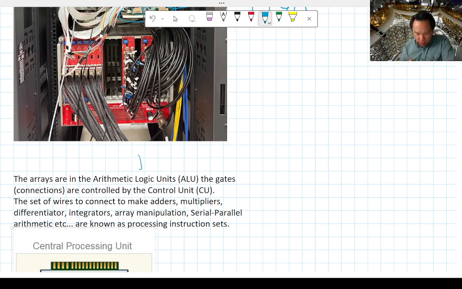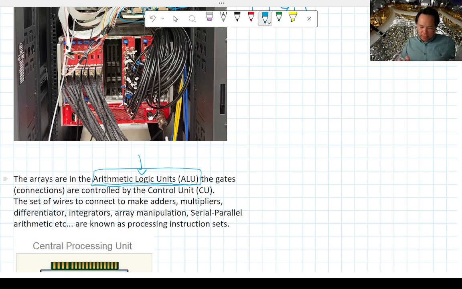Just go a little bit more general. So these FPGA units are also known as arithmetic logic units, meaning that they can do any arithmetic you want. You can do multiplication, you can do adding, you can do bit shifting. We're going to do in the pre-lab how to do the 2's complement, right? How do you negate a number, right?